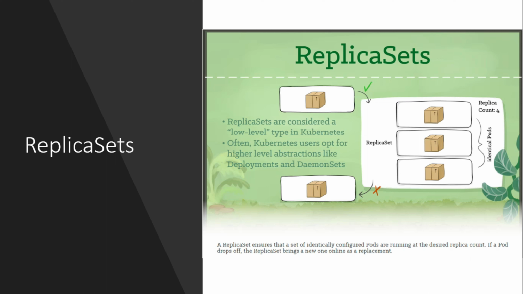If a pod drops off for some reason, maybe unavailability of resources or something like that, the replica set brings a new one online as a replacement. You see here, the replica count is set in the desired state as 4, and we have only 3 because one dropped, and then the new one is getting ready here.